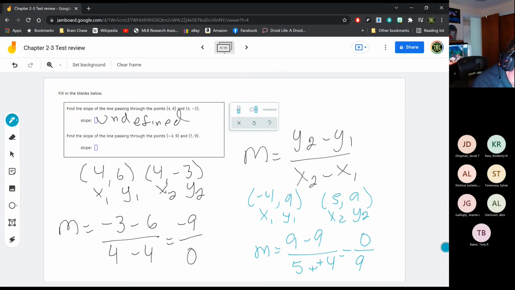So that's over 9. So 0 over 9 equals what? 0 over 9, which equals 0. So my slope is 0. Yeah. So that slope is 0. Okay. So just always go back to that slope equation for this. Thank you.